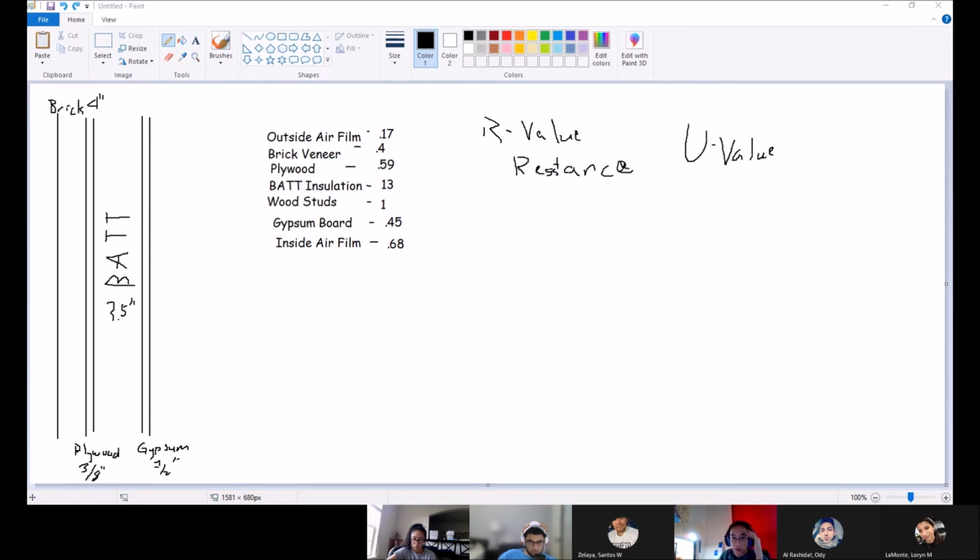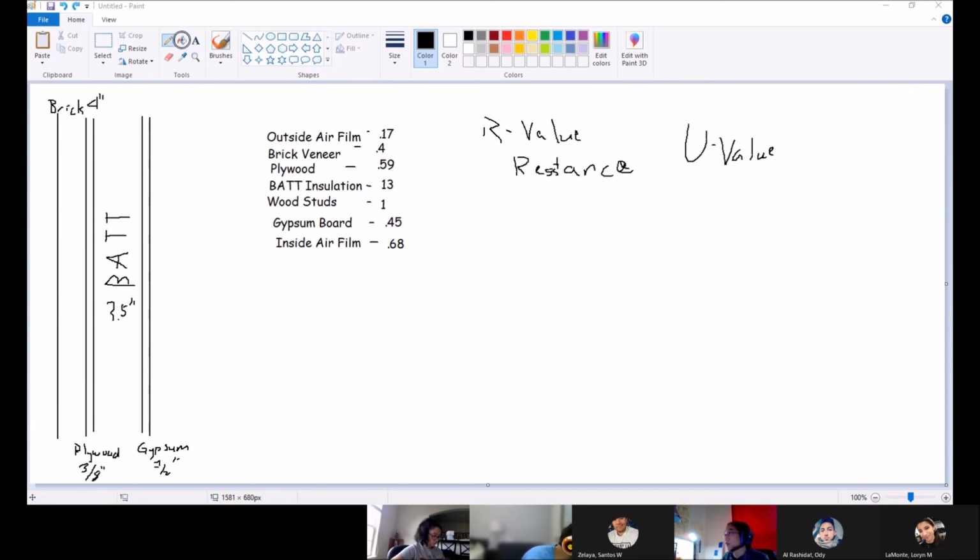This wood stud is driving me crazy. Here, let me actually try to look it up real quick. And then when you add them, this U value is 1 over the sum of the R values. Are you trying to find the R value for the wood stud? Yeah, 3.56, I think.